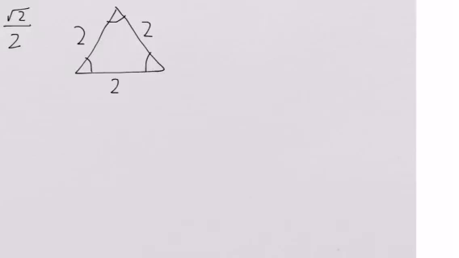So let's draw a line down the middle of that triangle, bisecting the angle at the top. And we can use another result from high school geometry that says that's also going to bisect the segment at the base of the triangle. So we'll take a look at that half of the triangle.